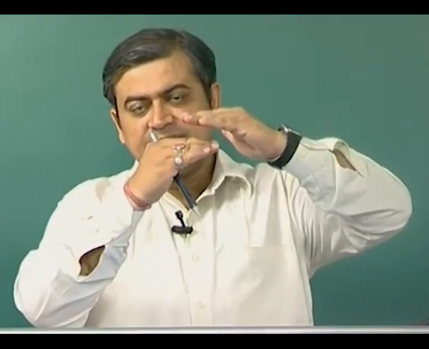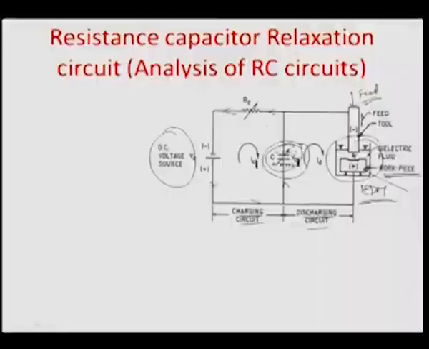As the tool is moving slowly towards the workpiece and dV by dx is increasing, the electric field is increasing, there would be a point of time when whatever charge has been stored in the capacitor in this circuit should get discharged, because there is a spark formed by breakdown of the medium between the tool and the workpiece. All this charge should be discharged through the EDM, and that would cause the MRR, the material removal, to happen, and therefore this part is called the discharging part of the circuit.